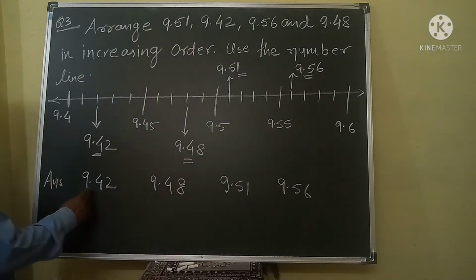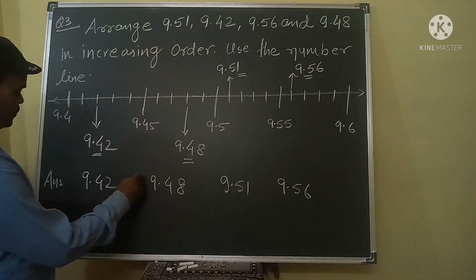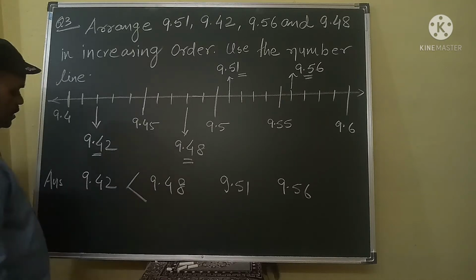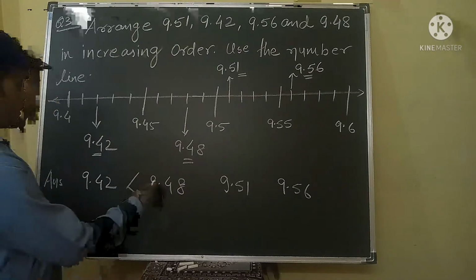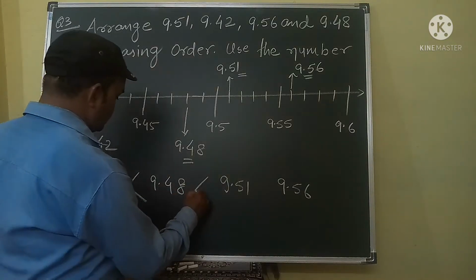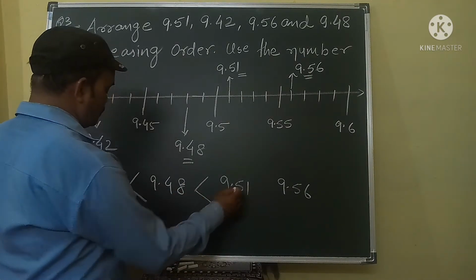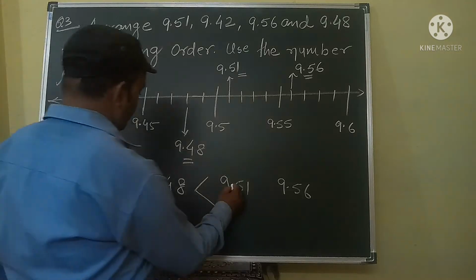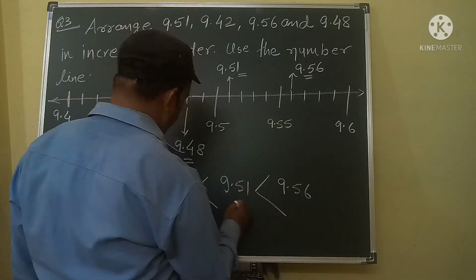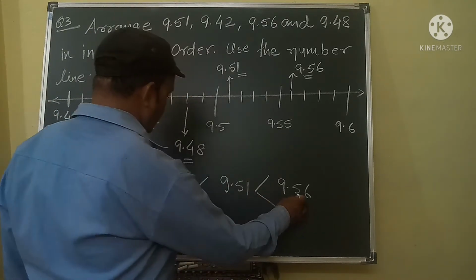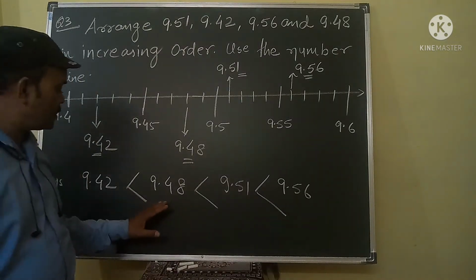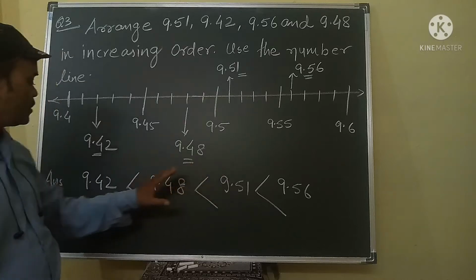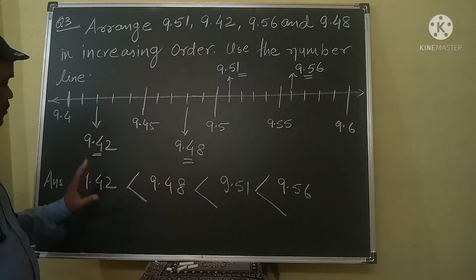So 9.42 is less than 9.48, 9.48 is less than 9.51, and 9.51 is less than 9.56. This is the required answer for the required question. Okay.